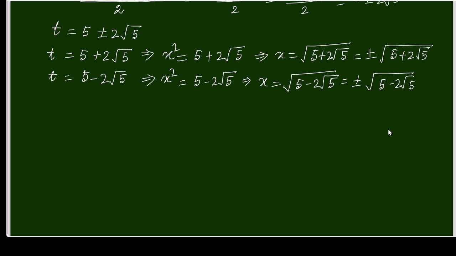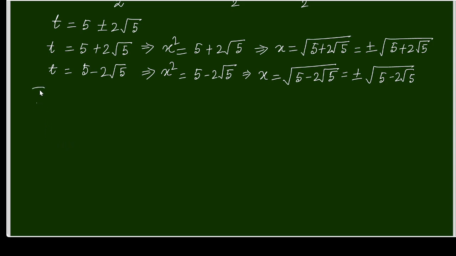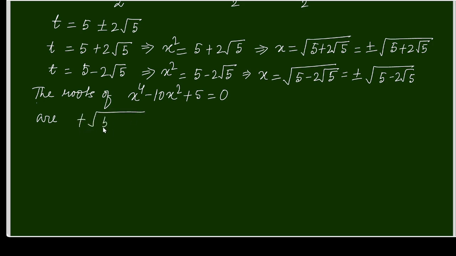So the roots of the quartic equation x to the 4 minus 10x square plus 5 equals 0 are: plus square root of 5 plus 2 root 5, minus square root of 5 plus 2 root 5, then plus square root of 5 minus 2 root 5, then minus square root of 5 minus 2 root 5.